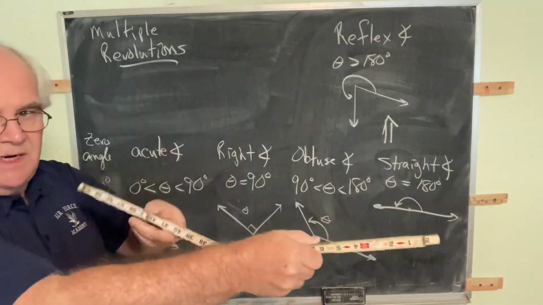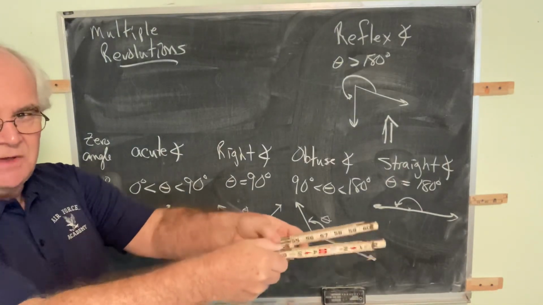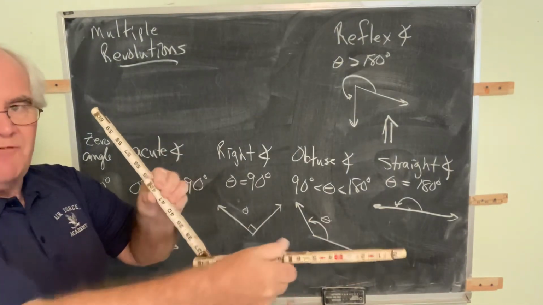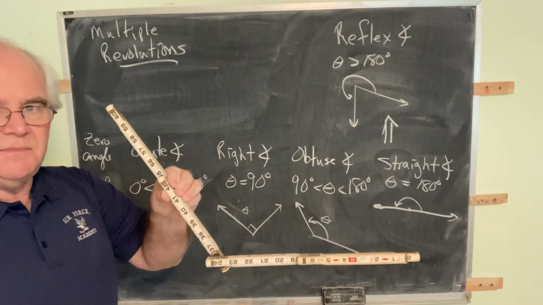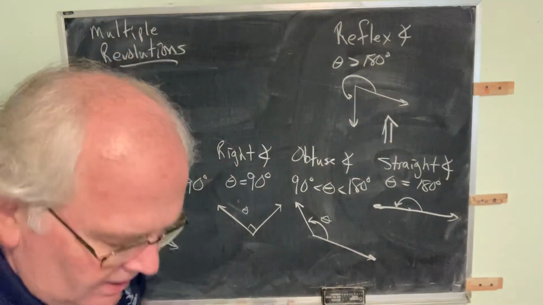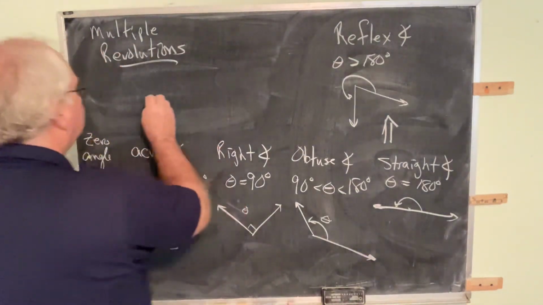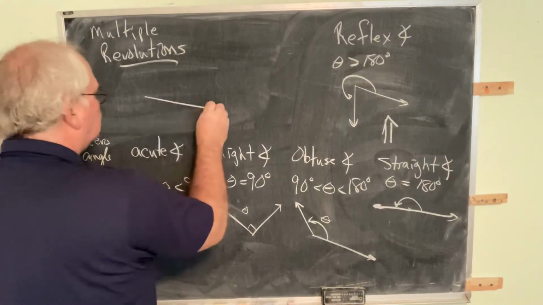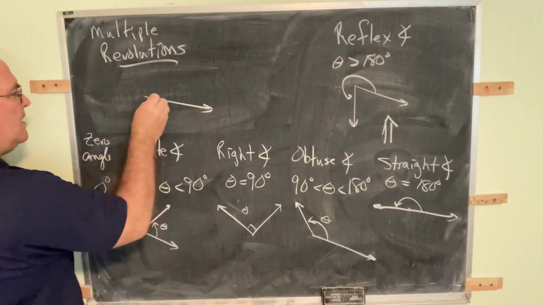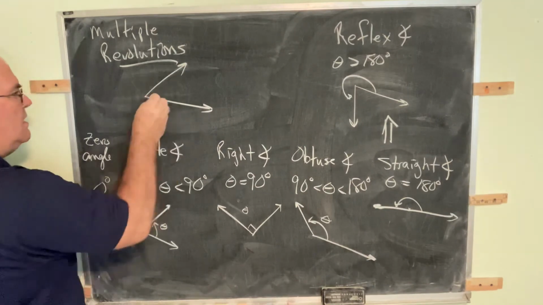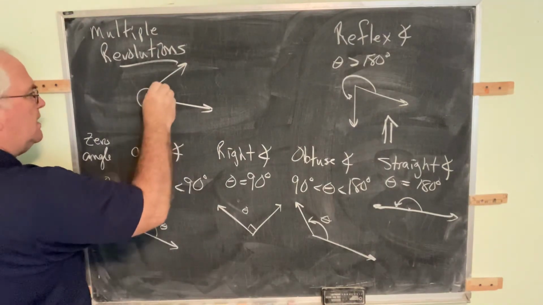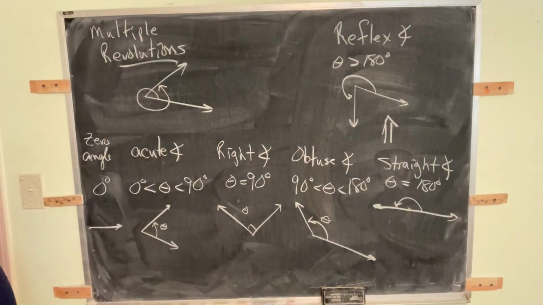So this is rotated and it continues to rotate, and it rotates and continues to rotate. You can have multiple revolutions. And so we indicate that in this fashion, right?